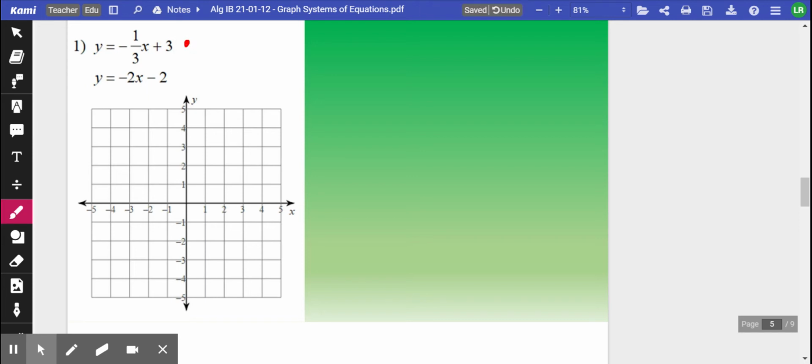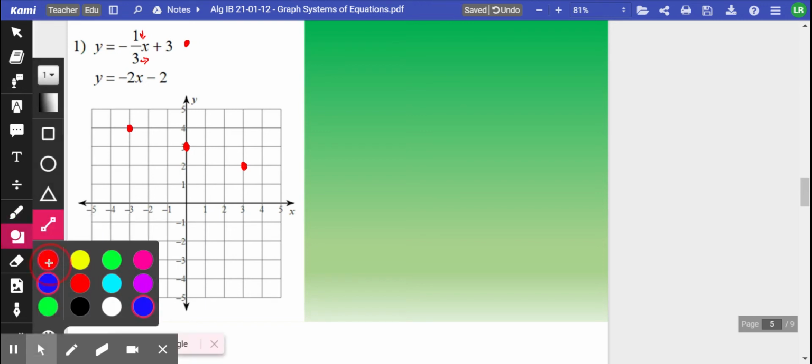Y-intercept is 3. The slope is negative 1/3. So that'd be down 1, right 3. Down 1, right 3. And I do need to make extra points. I need to make sure I also go up 1 and left 3.